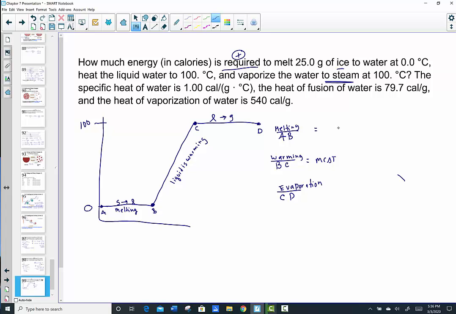So here's our first step. In line segment AB, 25 grams of ice needs to melt. And in doing so, we know to melt will require 79.7 calories for every gram. So in melting, it will require 25 grams times 79.7.